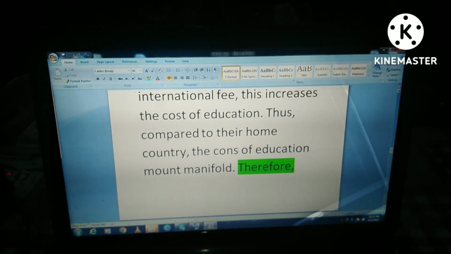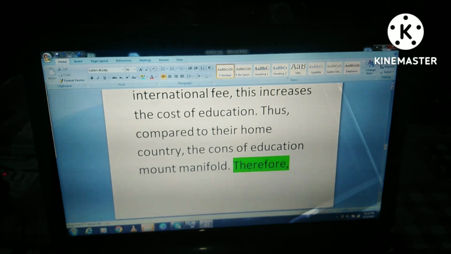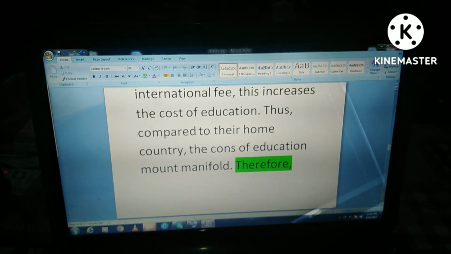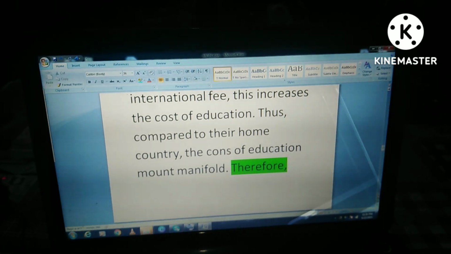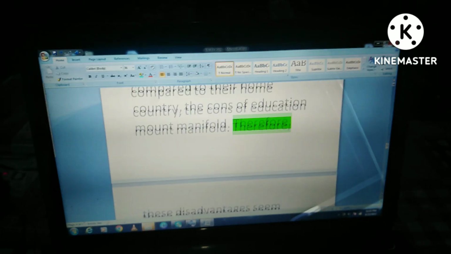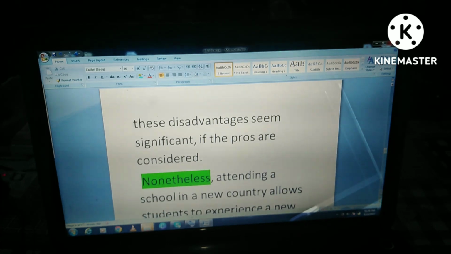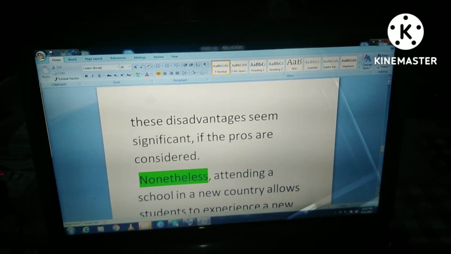This increases the cost of education. Thus, compared to their home country, the costs of education mount manifold. Therefore, these disadvantages seem significant if the pros are considered.